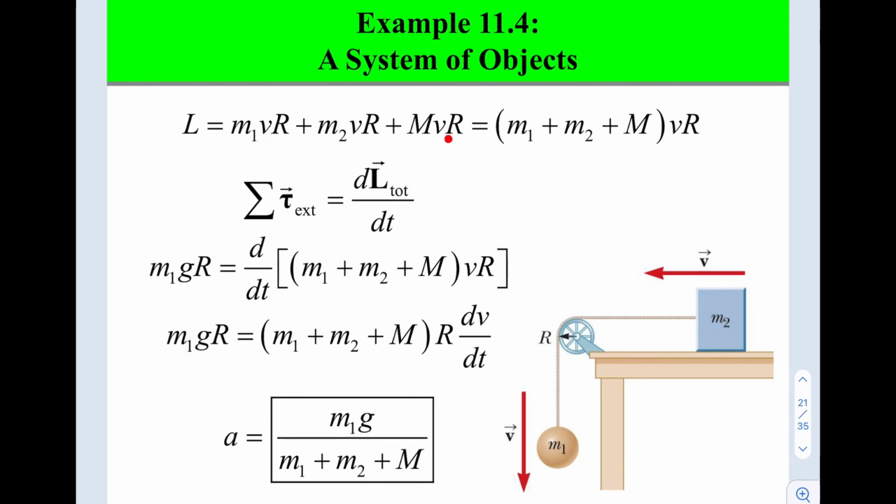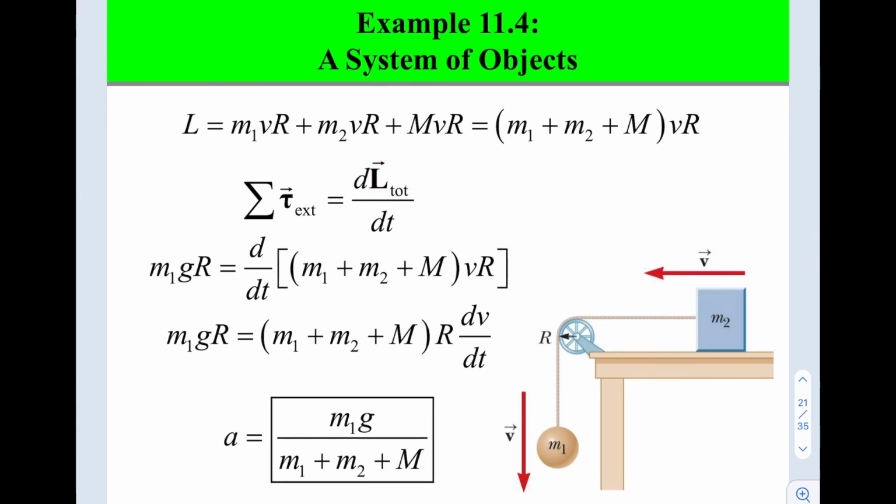L is defined as m1 vr plus m2 vr plus M vr, where we can factorize v and r outside because all of the objects move with the same v, and the radius here is also the same.